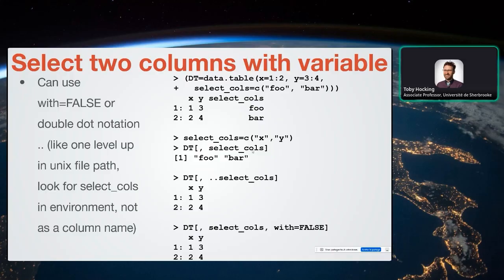So what happens when you do this? Actually, you're not selecting columns x and y, you're selecting the column called select_cols. If you actually wanted to use that variable to select the columns named in it, you would use this dot-dot syntax, which means to evaluate what's in the select_cols variable, and then you get the columns x and y back. Or you could use this with=FALSE instead of the dot-dot. Either way works.